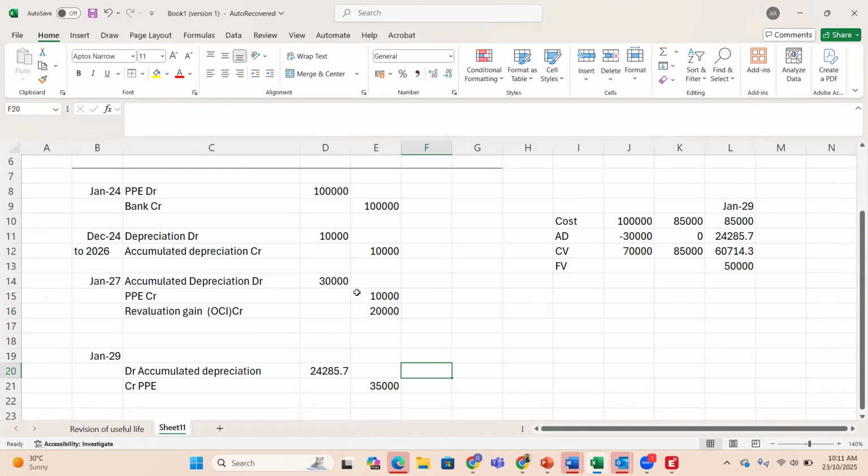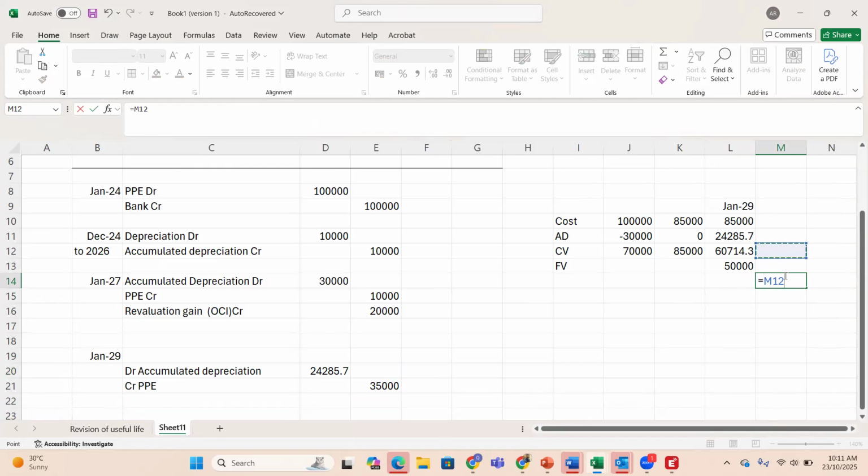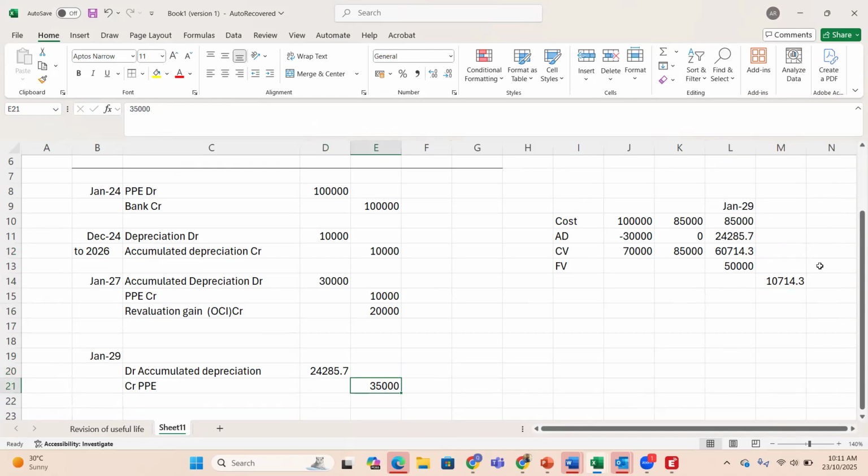So if I see what is my revaluation loss, it is 60 minus 50. How are they getting 60? By debiting this and crediting this. Right? By debiting this and crediting, they're not getting 60, they're getting 10. But that is the whole logic.